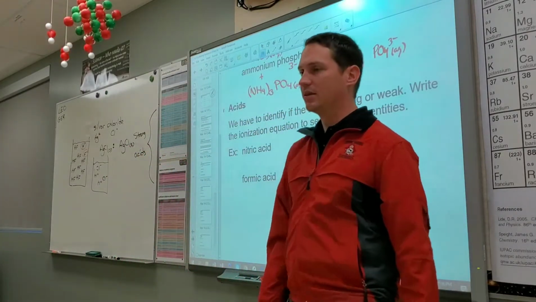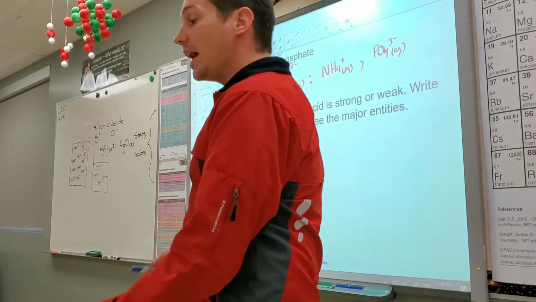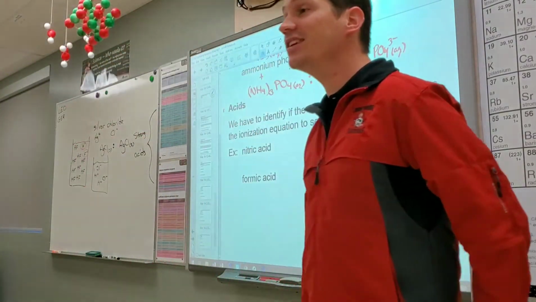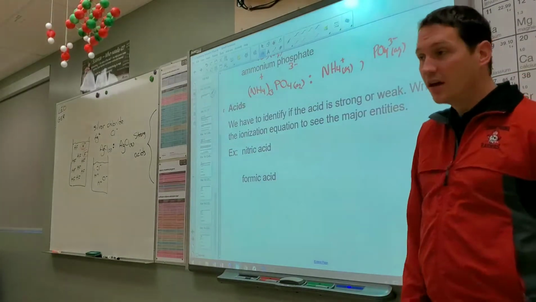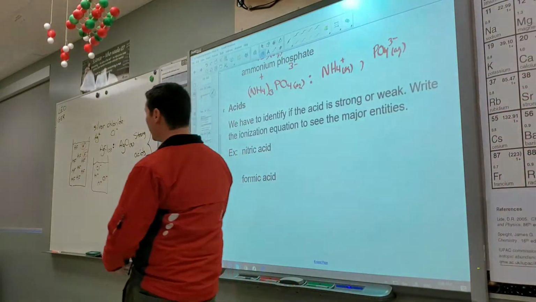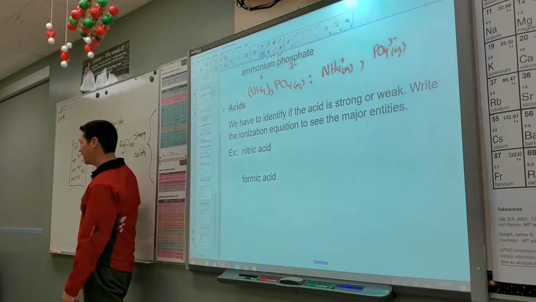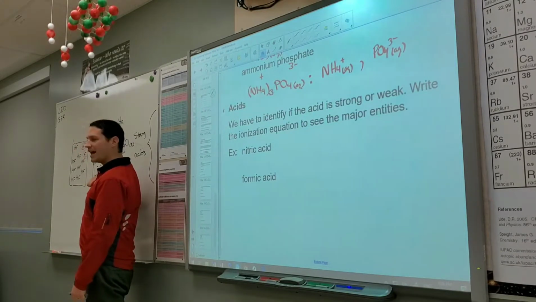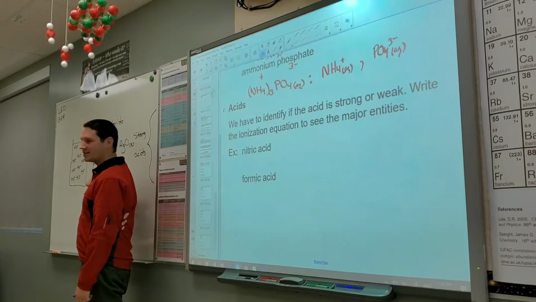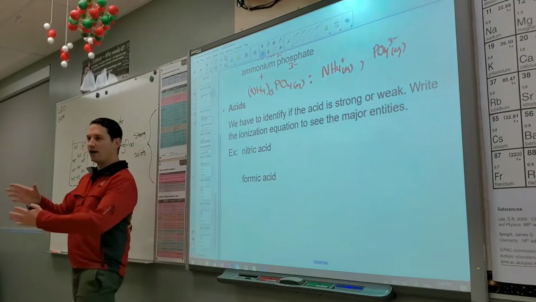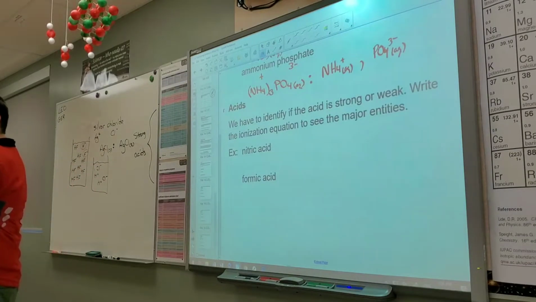Nitric acid. Look at nitric acid on your table and tell me, is it a strong acid or a weak acid? It's a strong acid. So which one of these is it? Is it the one on the right or the one on the left? Right, the one on the right. So nitric acid does not exist when I put it in water. I need you to be very aware of that. If you bought a bottle labeled nitric acid, there would be no nitric acid in there.